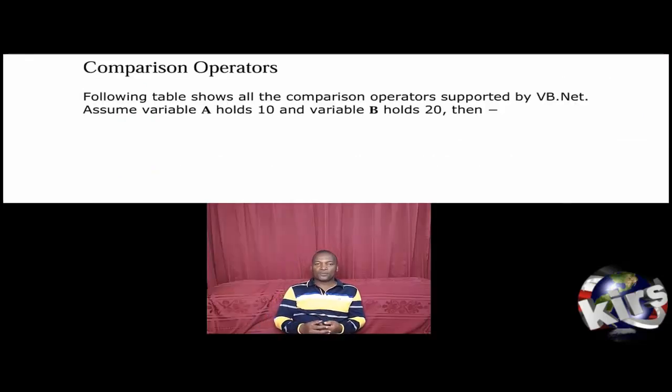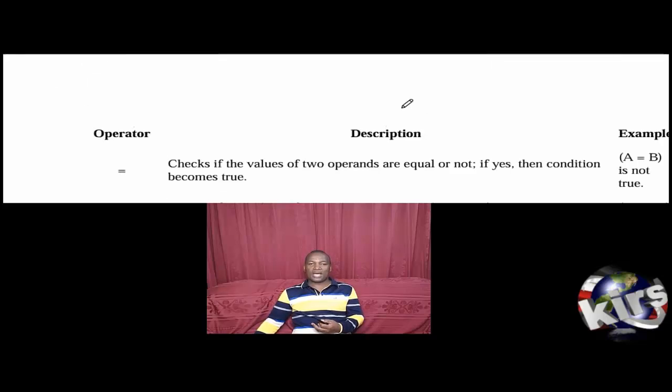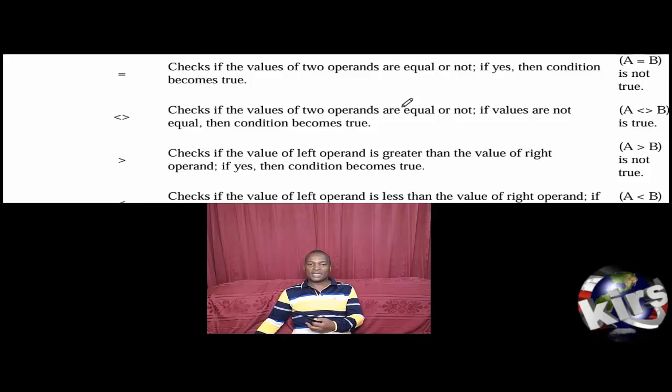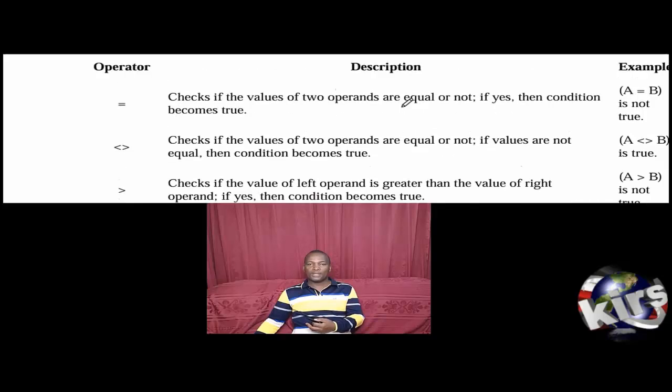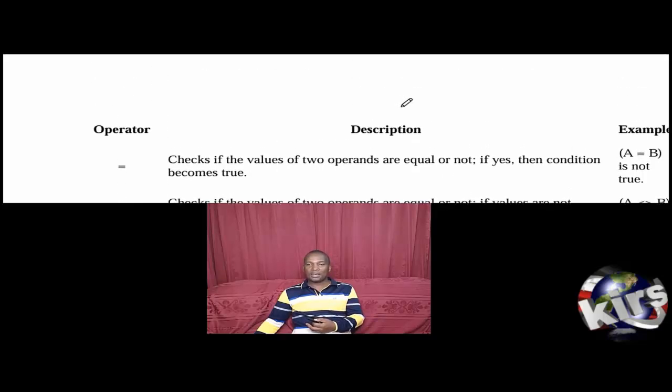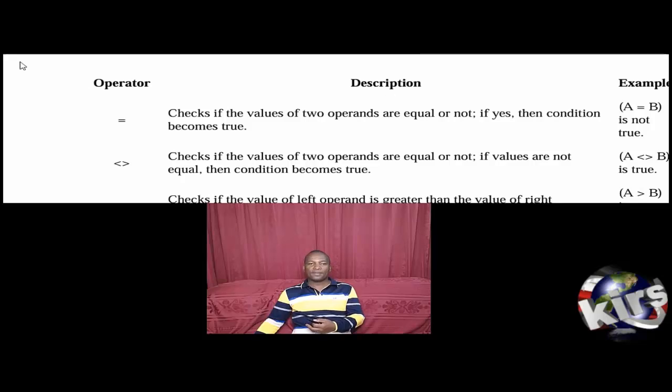Then the next type of operators that we look at in VisualBasic.net is what we call comparison operators. We have a table here which will show us how these operators look. We have the operator, the description, and an example of what happens.